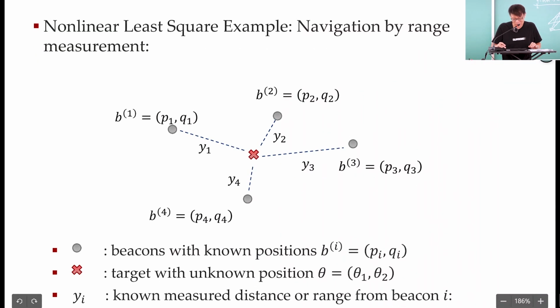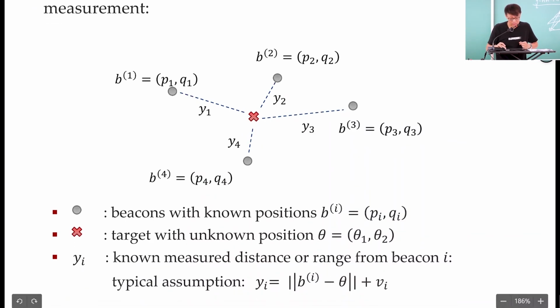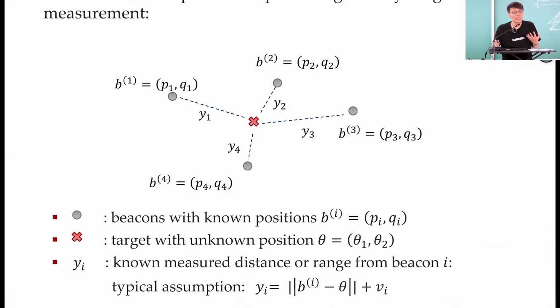Let's see an example. I don't think you get it yet. Navigation, this is more of a toy robotic example. Navigation by range measurement. What is a range measurement? You can only measure the distance. You only know how far it is from me, and you don't know which direction exactly. It's just the range. What sensors give you range measurement?